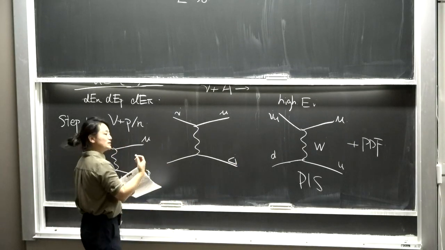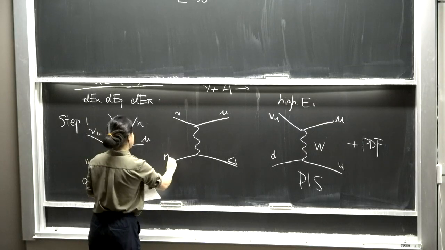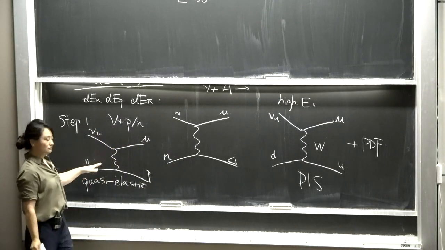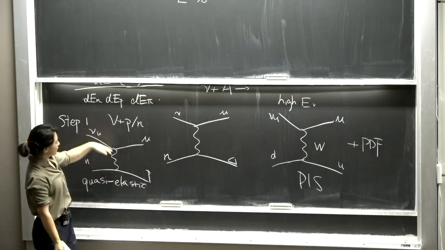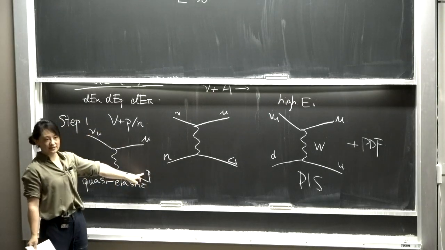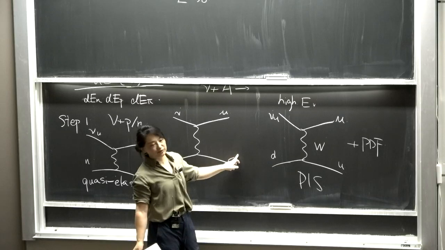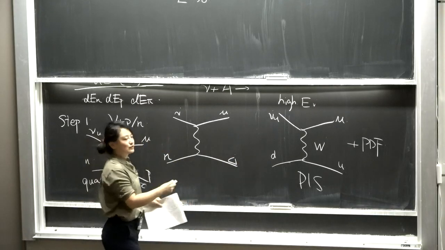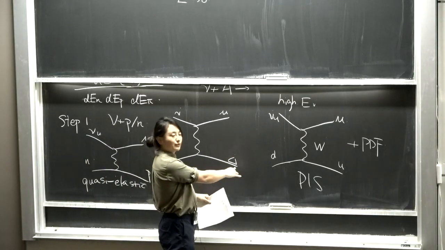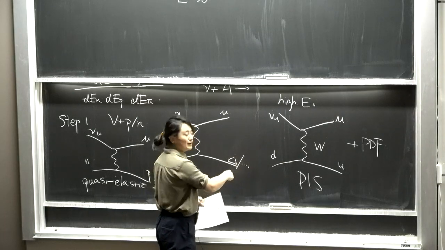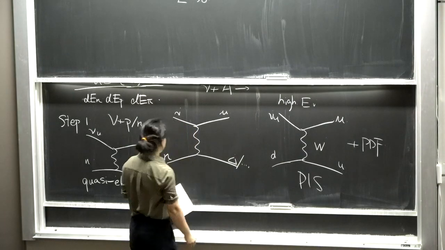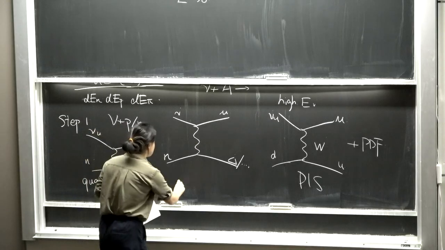The simplest way I think about it is, at low energy, you have a neutron going to a proton. If there's more energy going in, you can just excite this proton, and the delta is the lowest excited state for a proton. But of course, there are many baryonic resonances, so there can be a bunch of possibilities. So this is called resonance production.